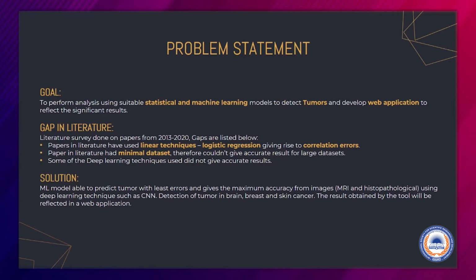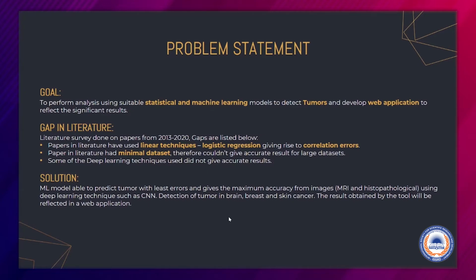Then the models are also limited, because some of the CNN or deep learning models have been found to give better results on smaller data sets, but won't be able to give better results on bigger data sets. So the solution we proposed is a model using Keras, TensorFlow, and other ML techniques to detect these 3 types of tumors, which are brain, breast, and skin.